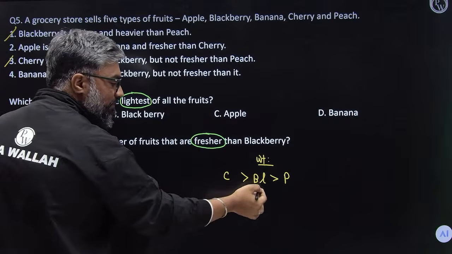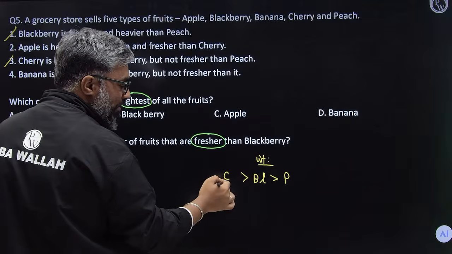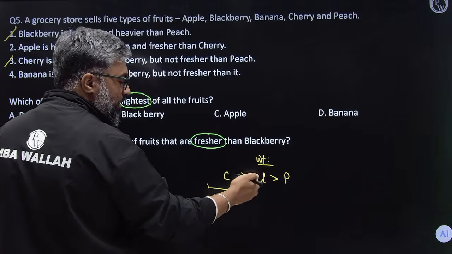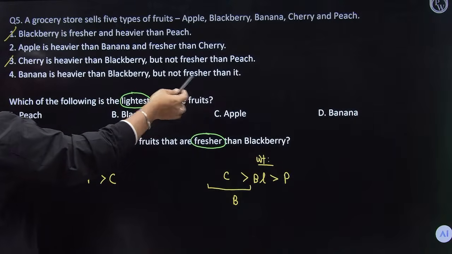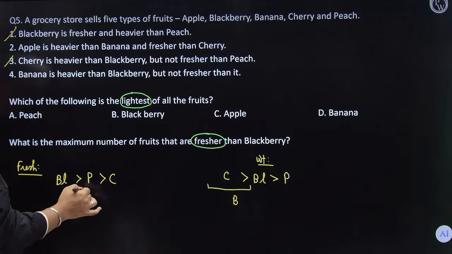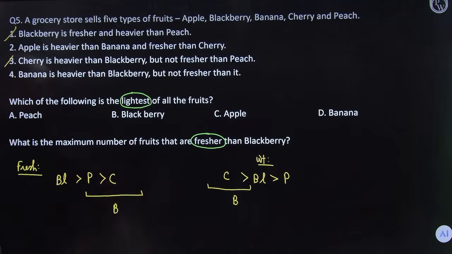So banana could either come here or here. I can have banana in any one of these places. I don't know that. But not fresher than it. So banana is not fresher than blackberry. Blackberry is here. That means banana can come anywhere here. Correct? Banana can come anywhere here.